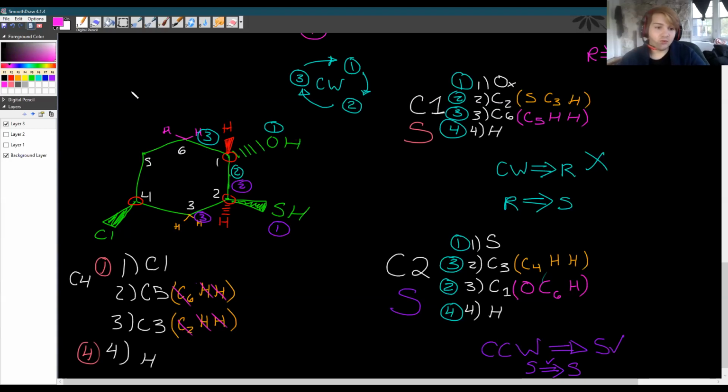All right. So now we're going to go to carbon 6. Carbon 6 is bonded to carbon 1, a hydrogen and a hydrogen.